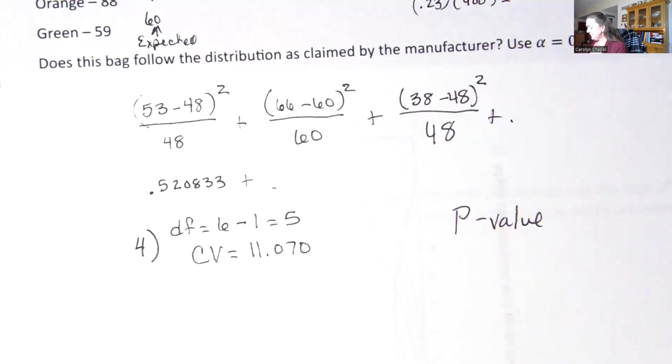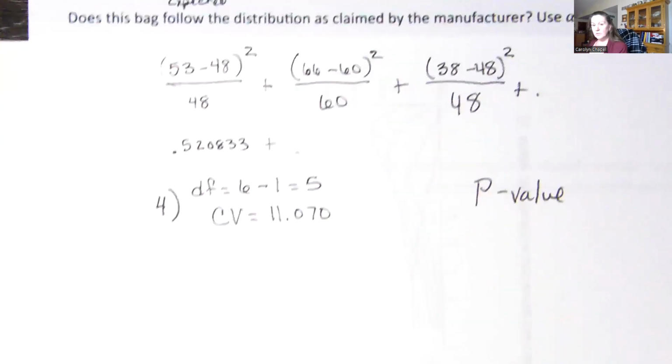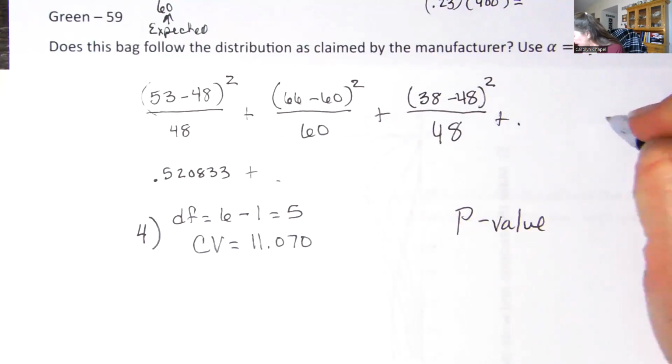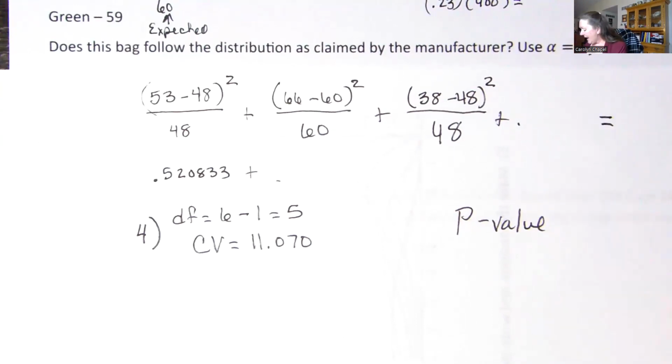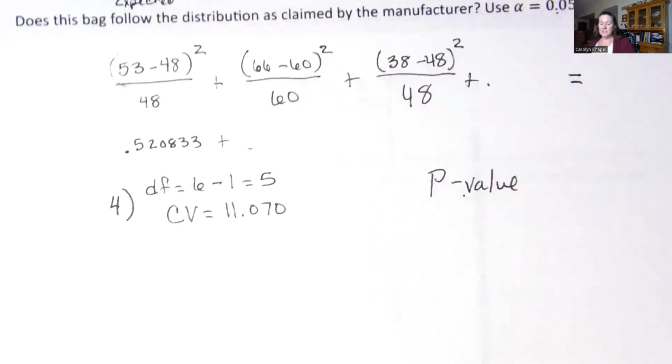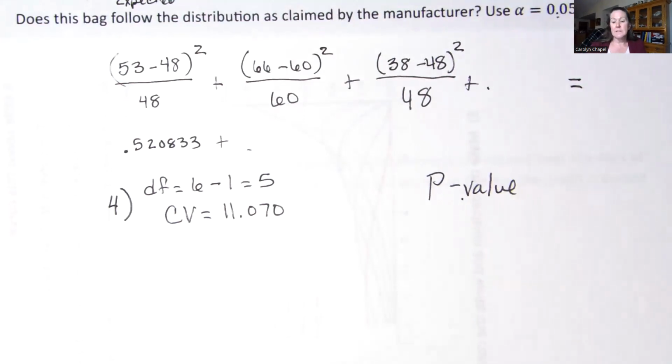So my critical value is that 11.070. Okay, I'm going to go to StatCrunch to finish off getting my test value and to get my p-value, just so that we can see how this all works. So give me a moment here. We'll switch screens and we'll go to our StatCrunch.